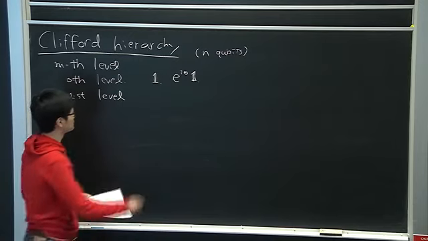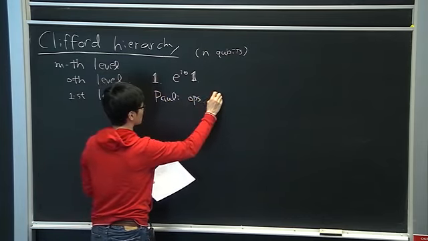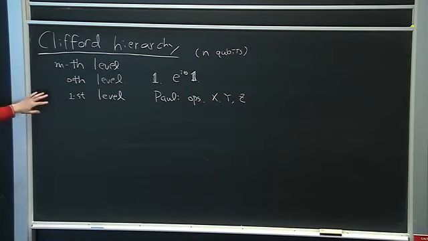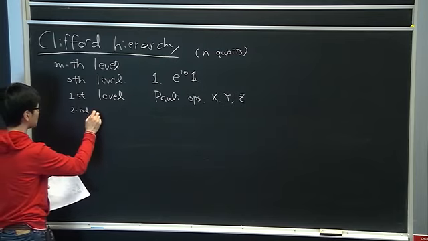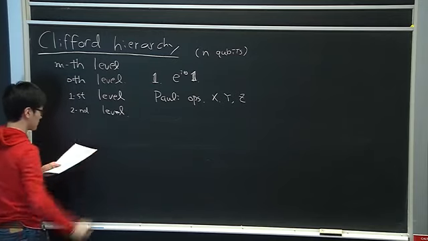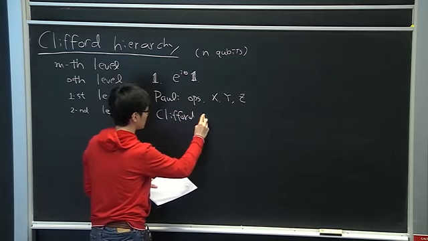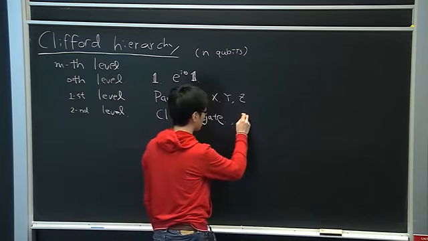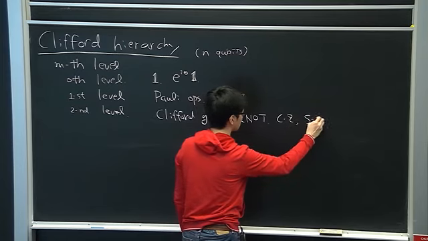The first level is a bunch of Pauli operators, like X, Y, Z, or their tensor products. It's slightly more difficult to implement than the zeroth level, but not that much. The second level consists of the Clifford gates. Examples are CNOT, controlled-Z, or the S gate.